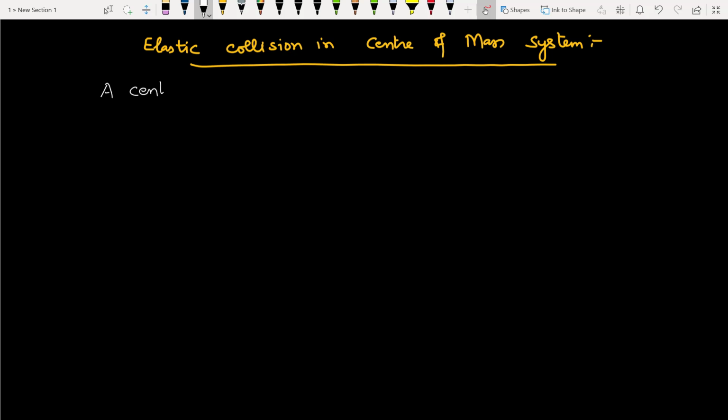Center of mass system. So firstly the question arises, what is center of mass system?